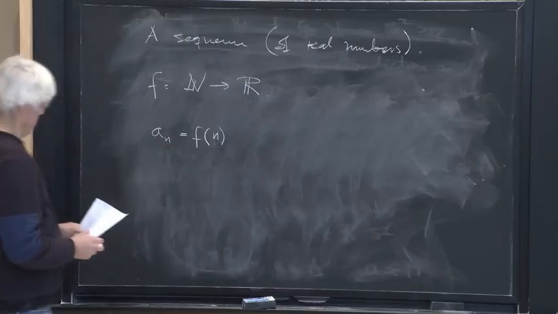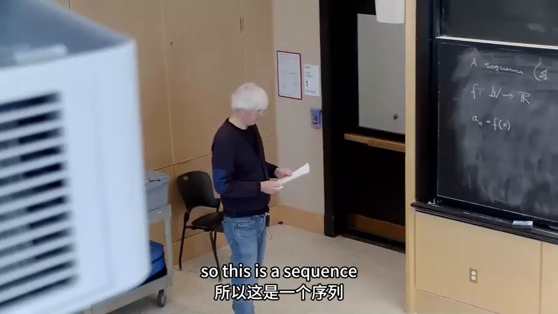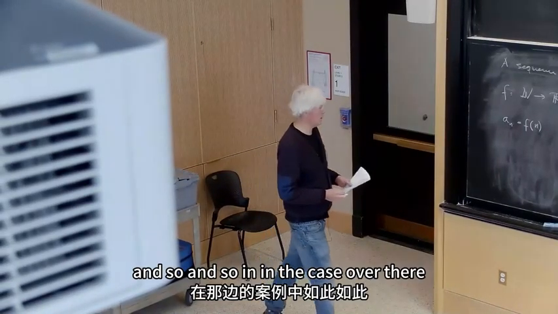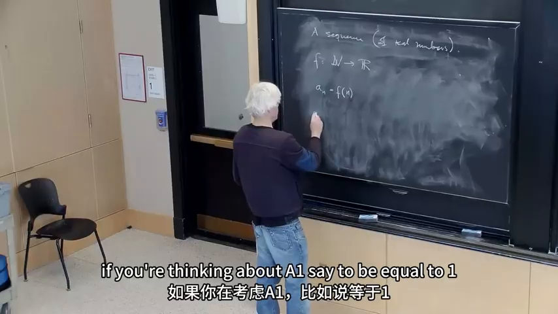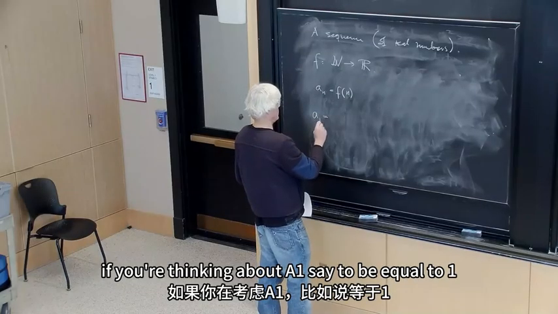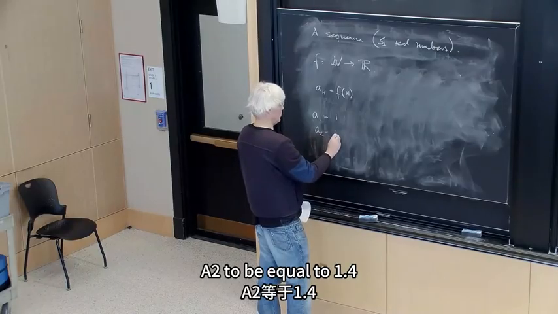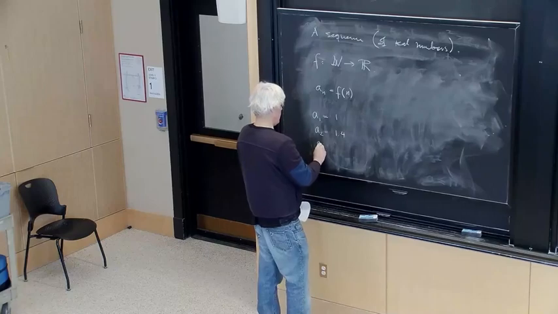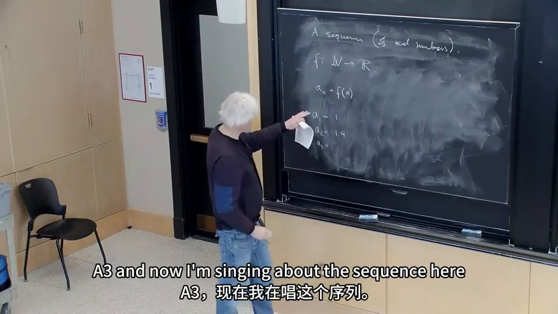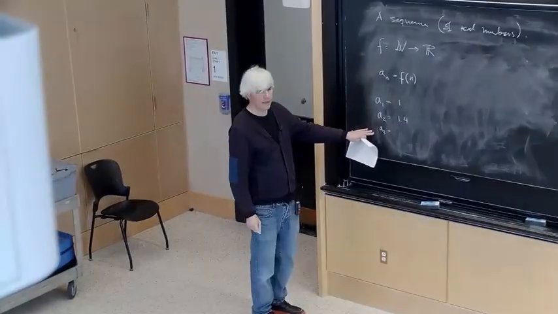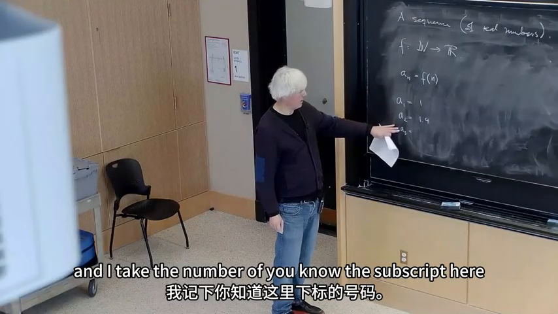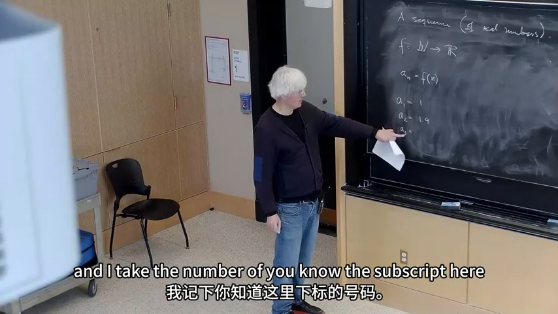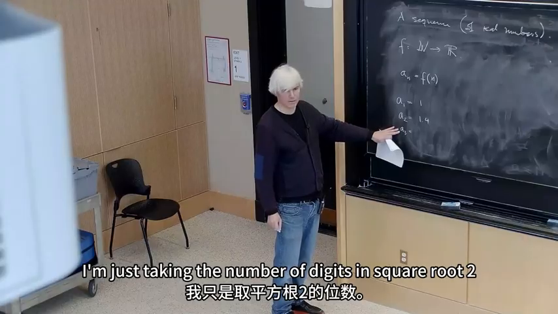So this is a sequence. In the case over there, say A1 is equal to 1, A2 is equal to 1.4, and A3, now I'm thinking about square root of 2 and taking the subscript to be the number of digits.